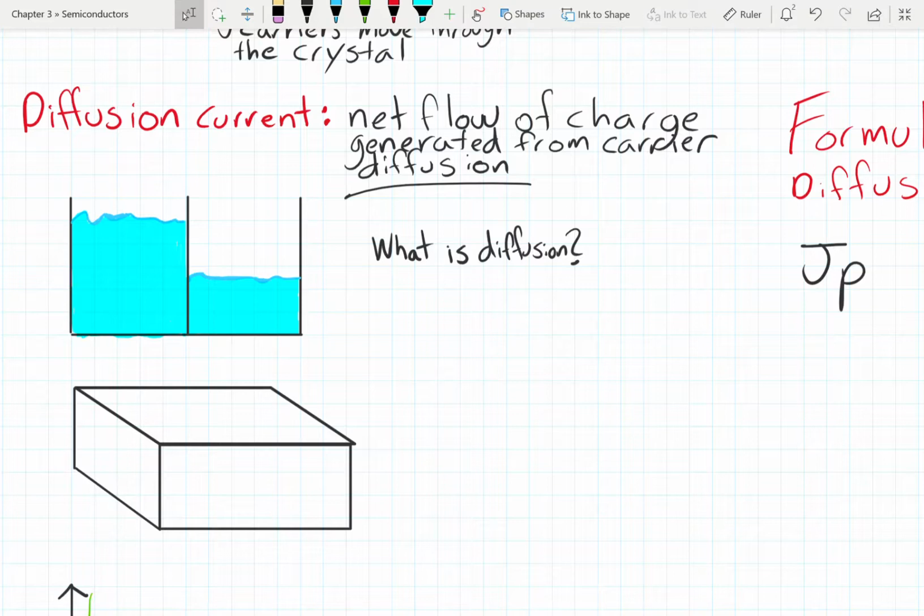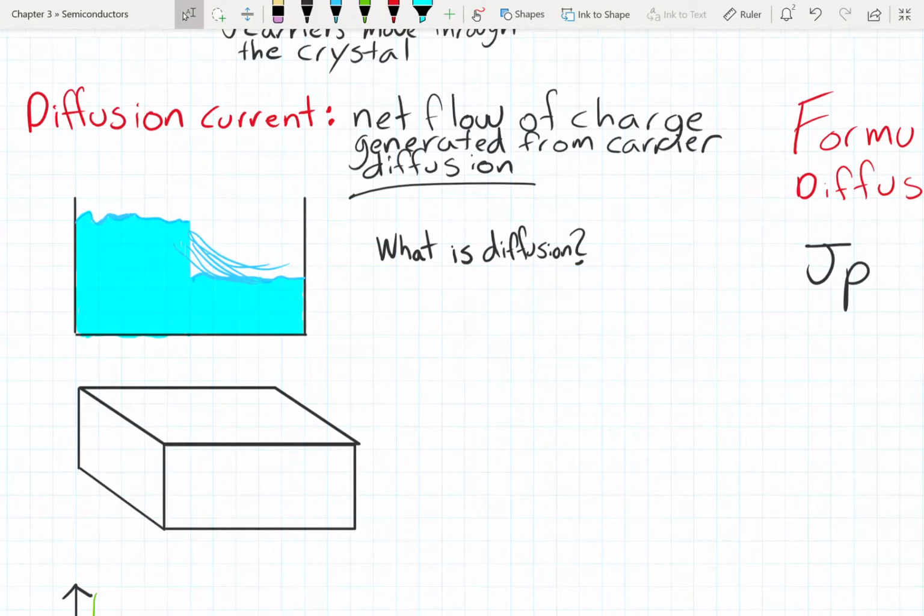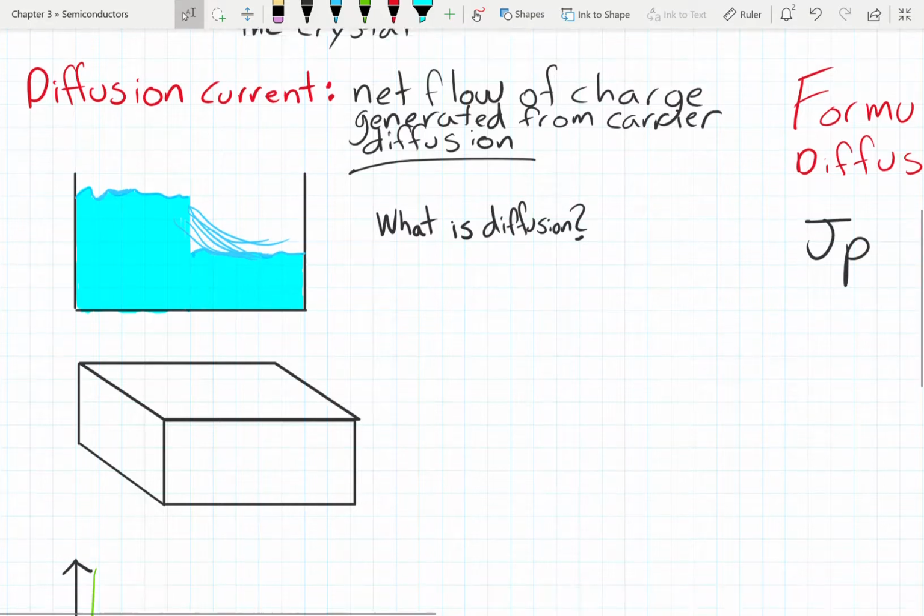If we were to remove this barrier right here, we're going to have a flow of water from the higher concentration area to the lower concentration area. So we have water flowing here. That's an important thing: the diffusion goes from high to low concentration.